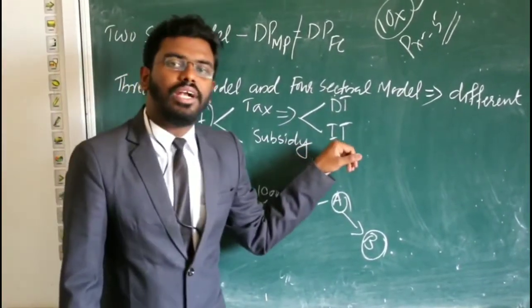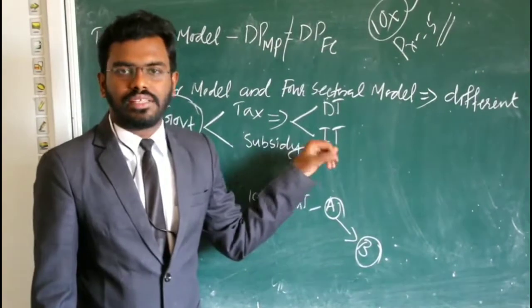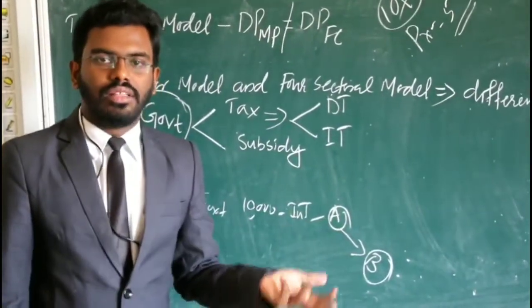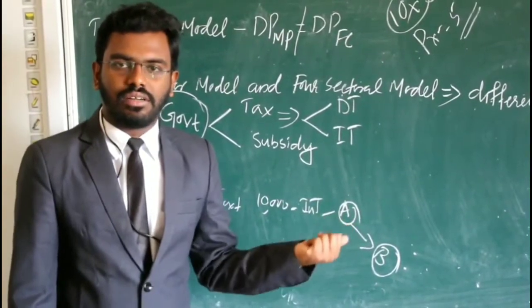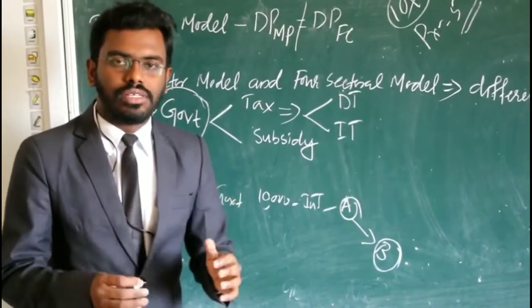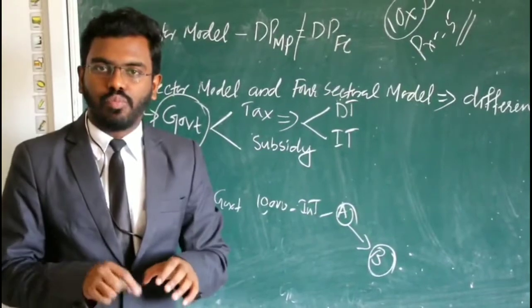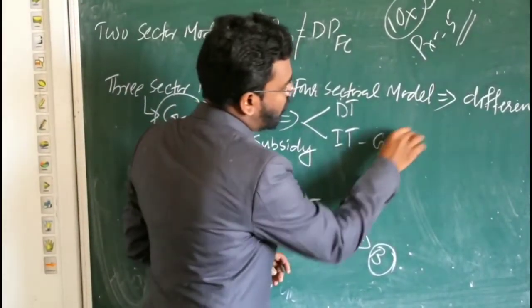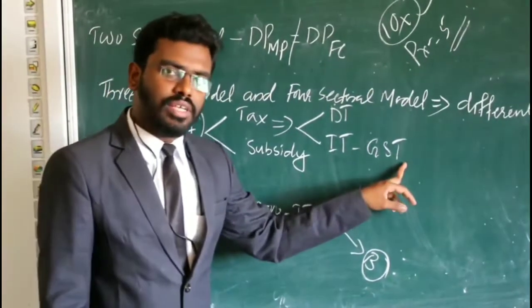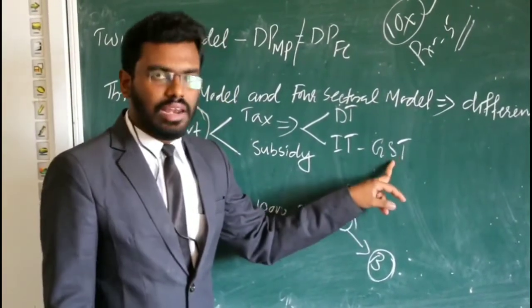Whereas in the case of indirect tax, examples are sales tax, excise duty, customs duty, VAT, value added tax, etc. And now onwards, all the indirect tax is merged into a single tax, that is known as GST, goods and services tax, that we can discuss later.